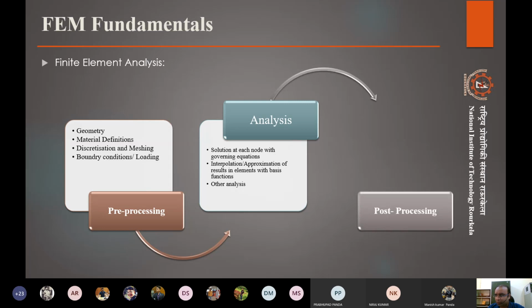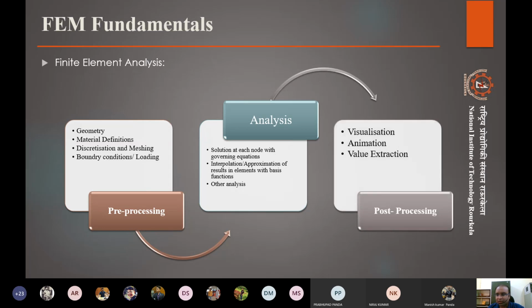And the next part to that will be post-processing, where these values will be used to form visual implications, like contour maps, or something like animations can be made out of that.